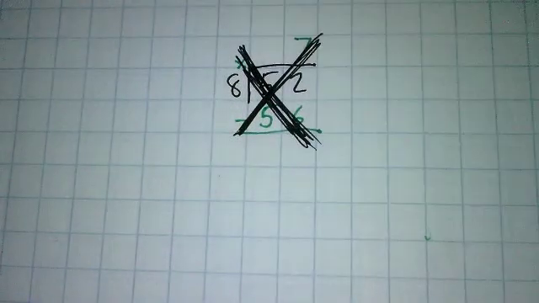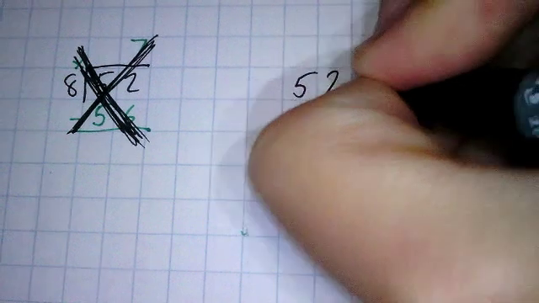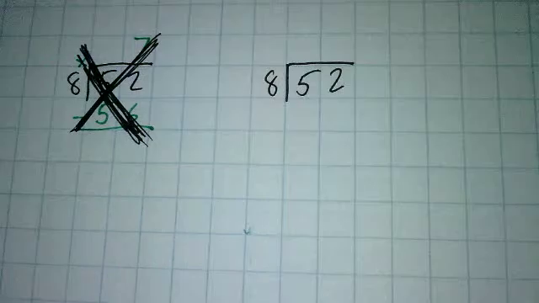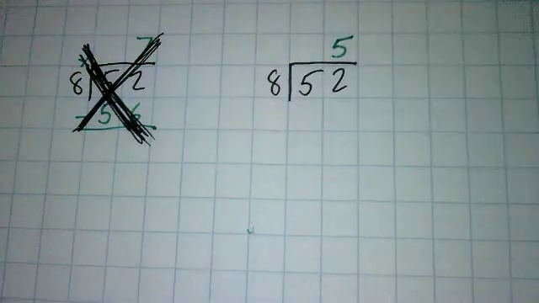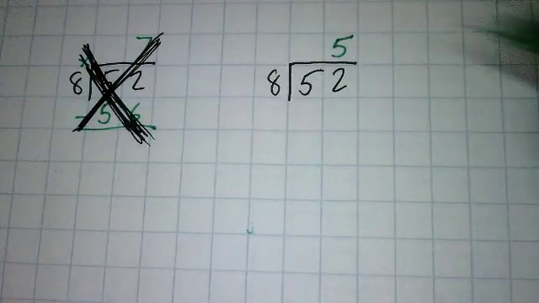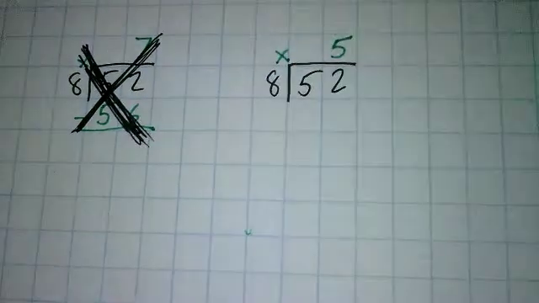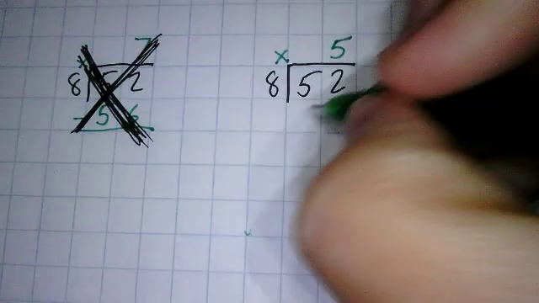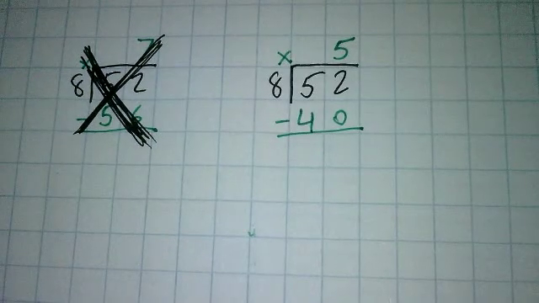Okay? Now, here's another mistake you might make. What if I said that 8 goes into 52 5 times? Okay? It does, but let me show you the mistake you're going to make here. What is 8 times 5? 40. It is 40. Okay? So let me do my subtraction here.